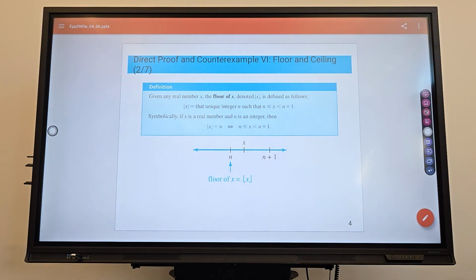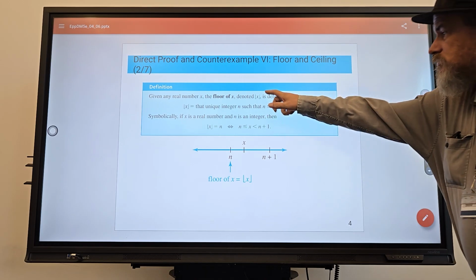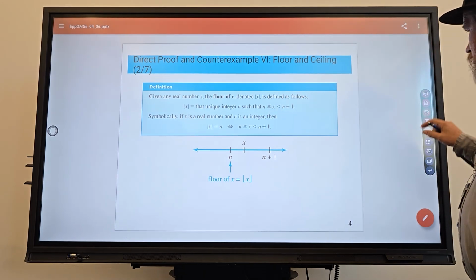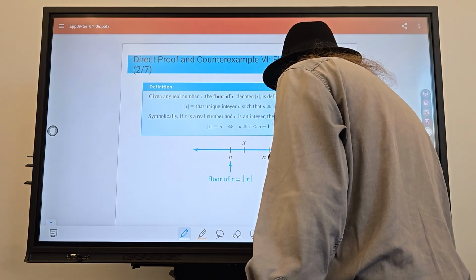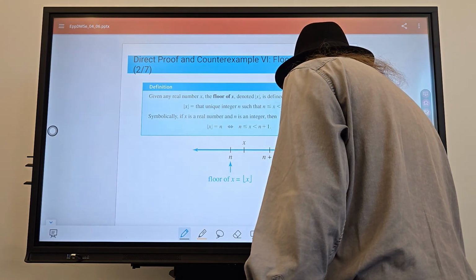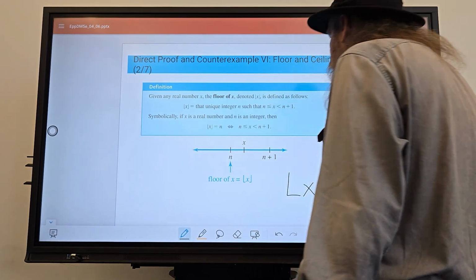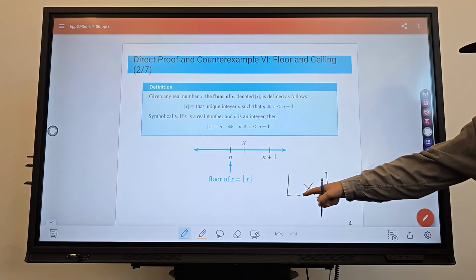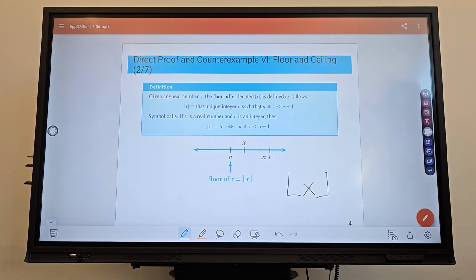Okay, given any real number x, the floor of x, let me write it a little bit bigger so you can see. It's the kind of brackets with the x in the middle. That's for the floor.